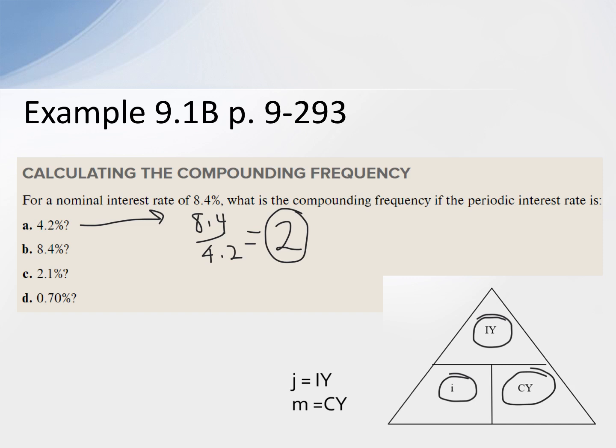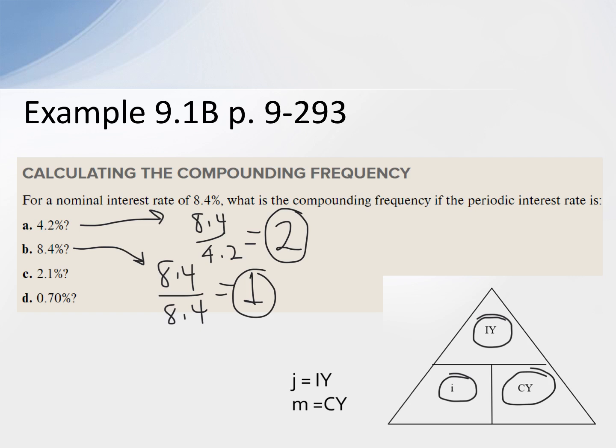So in this case, we have 8.4 divided by 8.4, giving a value of 1 compound per year, which we call annual or effective, 1 time per year.